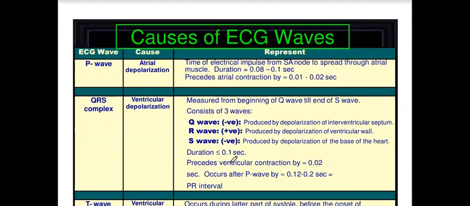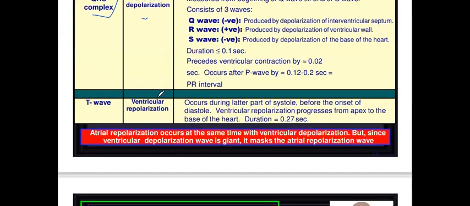Next, what are the waves? I told you the P wave is due to the beginning and ending of atrial contraction, the QRS is ventricular contraction, and the T wave is at the ending of relaxation.